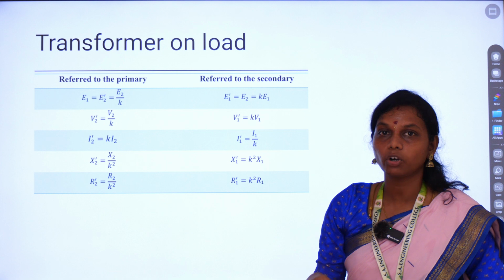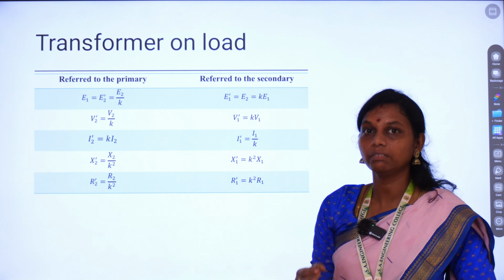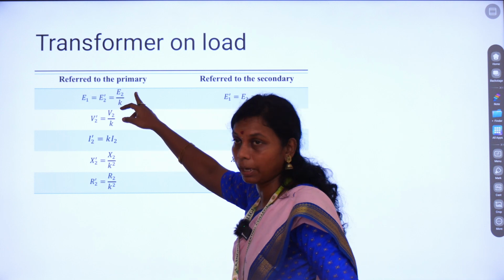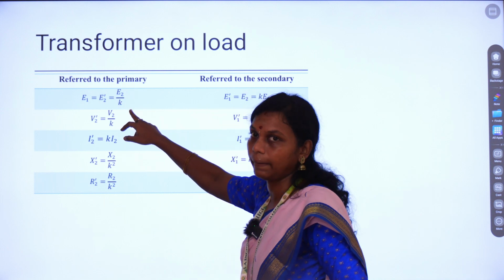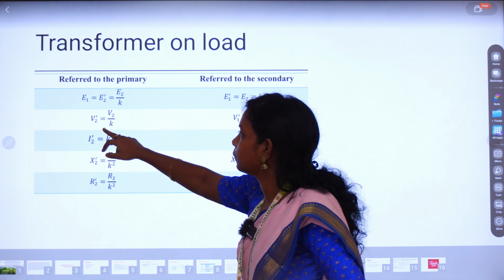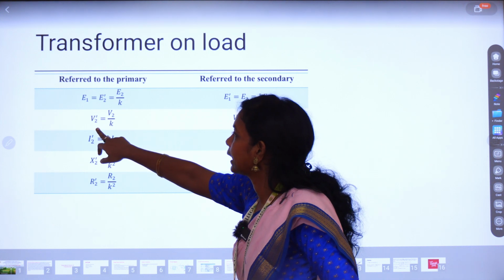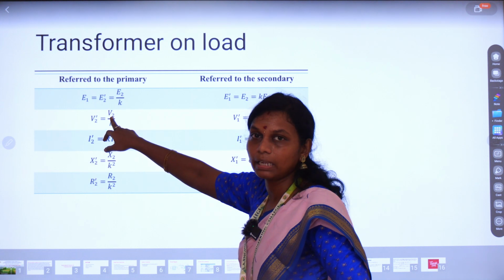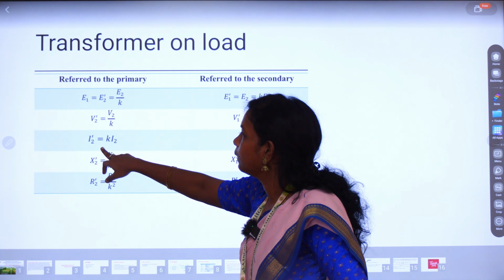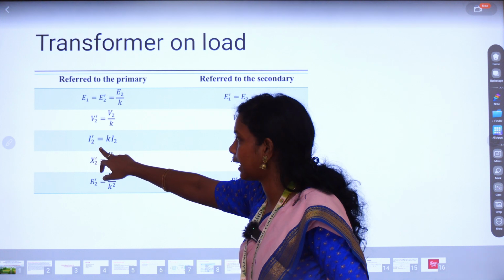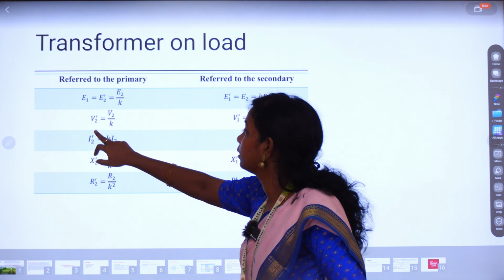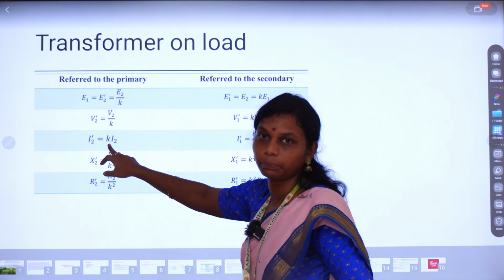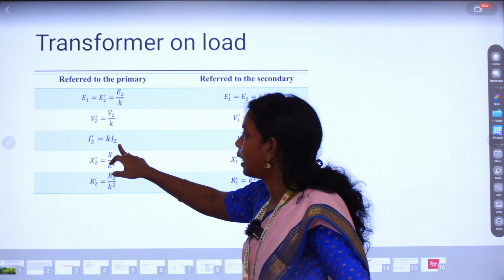The induced EMF, voltage or current should be divided by K or multiplied by K. Here it is referred to the primary, so we are dividing by K. Next one, voltage: the secondary voltage referred to the primary is V2 by K. And what is I2 dash? It is the secondary current, represented on the primary side, which is calculated as K into I2.